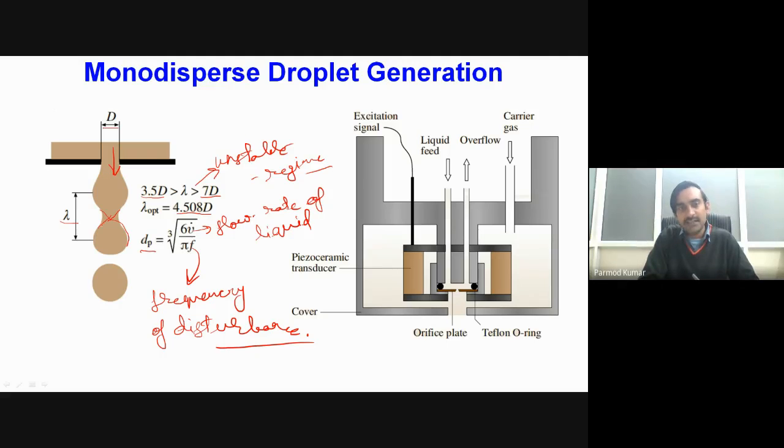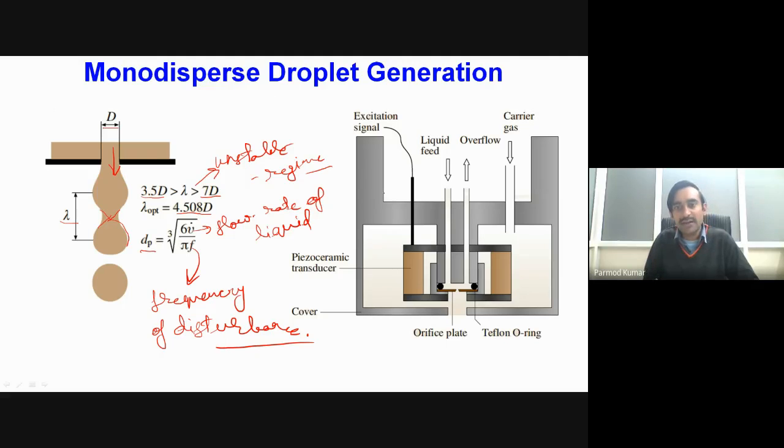Another mechanism could be some mechanical arrangement which generates periodic pulses, and because of that we get interfacial waves. And when the wavelength of the waves becomes 4.5 times the diameter of our nozzle, at that time we will have pinch-off. So this is one of the finest ways of obtaining monodispersed droplets.